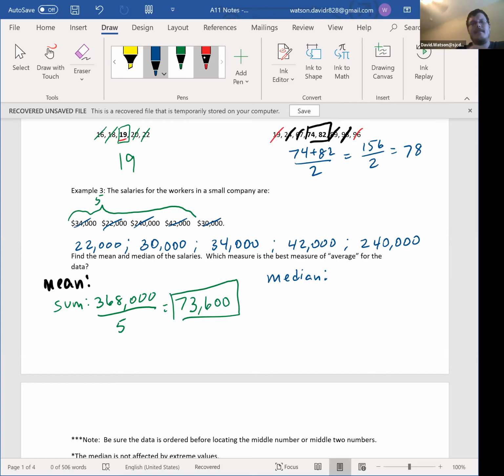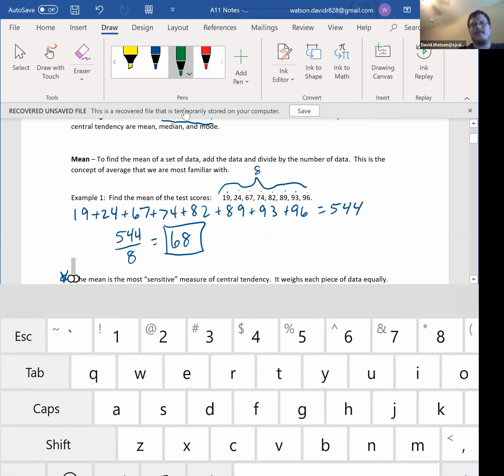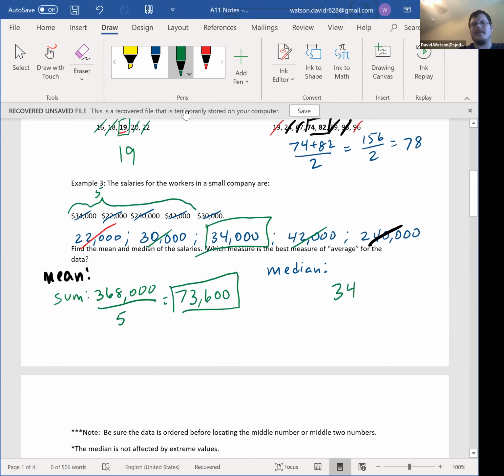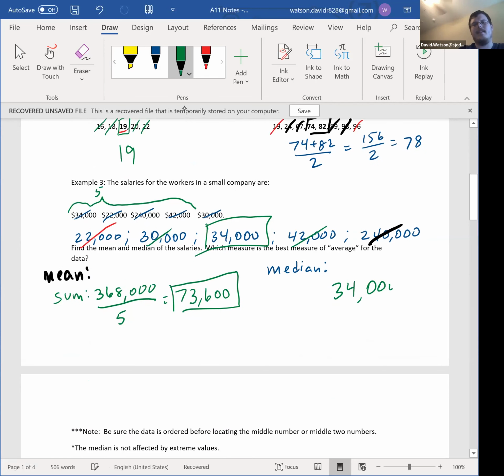Then to find the median, cross off the first and last, and cross off the first and last. When we're down to one number, that's our median. So it's 34,000.